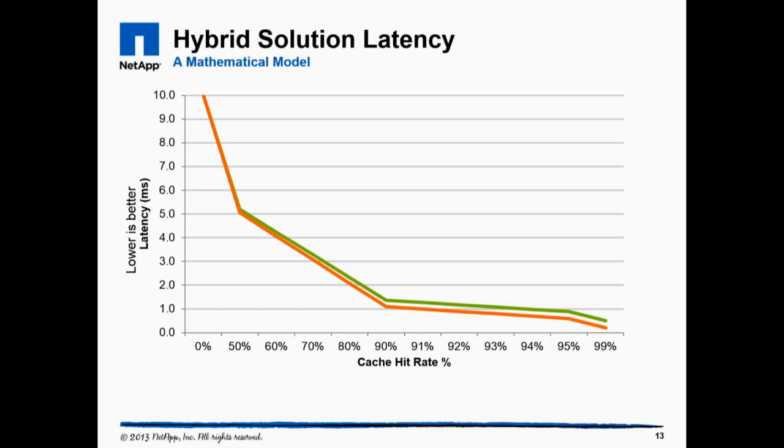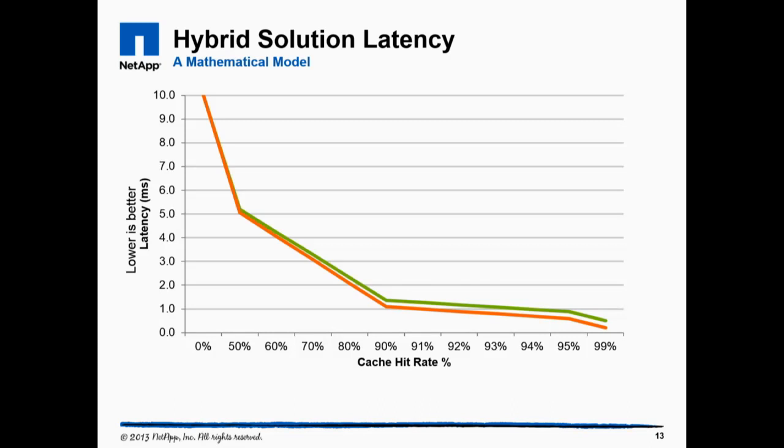And if you notice, there's two lines here on this graph. So the green line is where the average latency would be if my cache hits were coming at around 400 microseconds. The orange line is where my average latency would be if my cache hits were coming at just 100 microseconds. So there's not much difference discernible in user experience, or what a user might experience in their applications, anywhere along this line until you get way out to the right-hand side where you've got a very high cache hit rate, but then you're still under a millisecond for both of those.